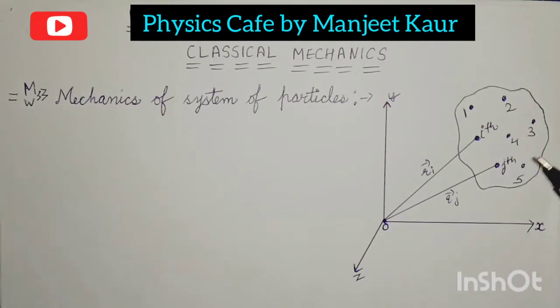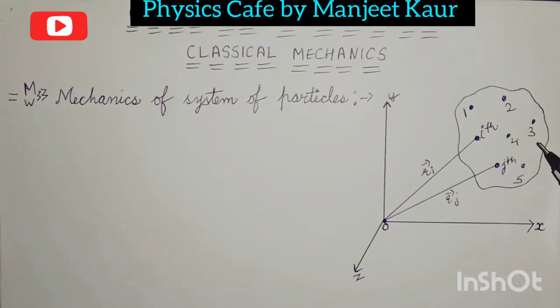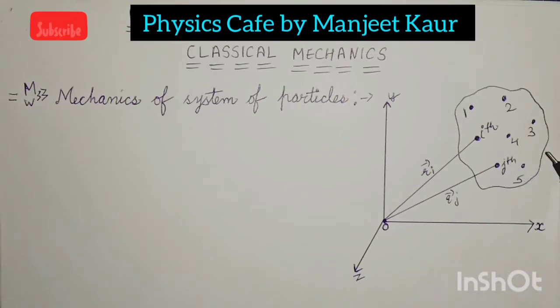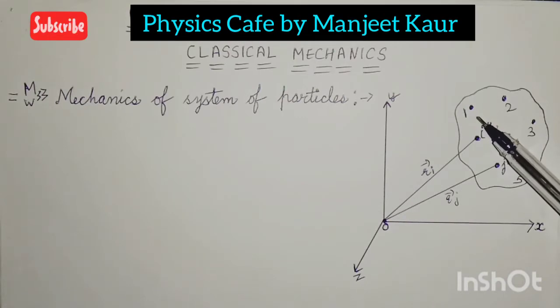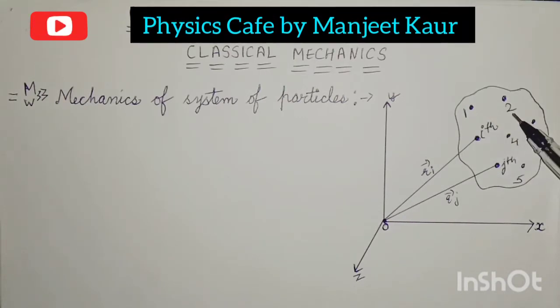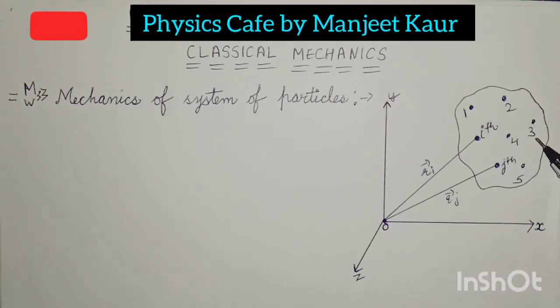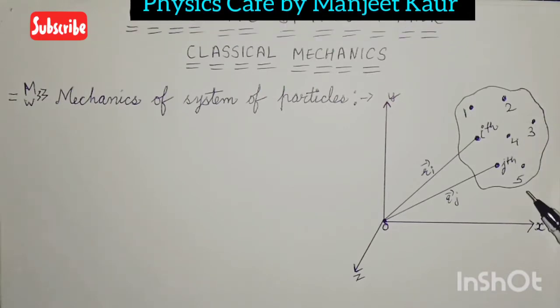For different particles, their masses are also different. For the first particle, its mass is m1. For the second particle, its mass is m2. For the third particle, its mass is m3, and so on.